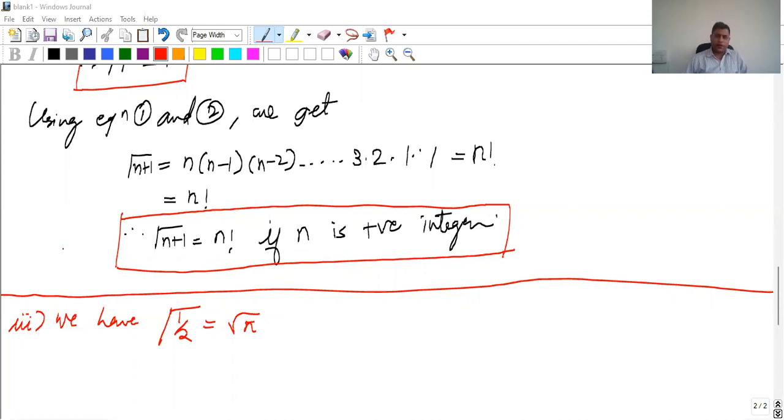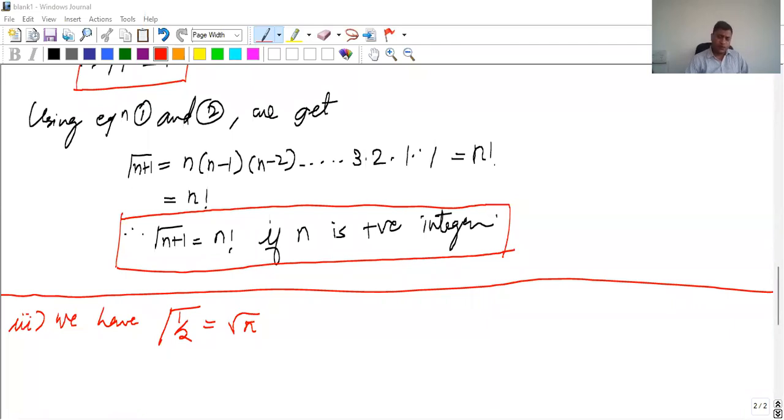So we have to be careful for the root sign and for the gamma sign. We need to understand that this is the sign for gamma function and this is square root. So gamma of half is equal to square root of pi.